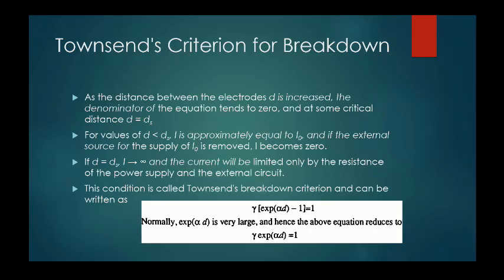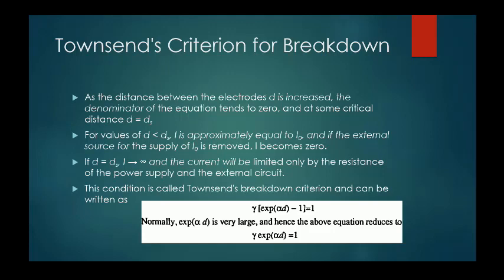Now we will come to Townsend's criteria for breakdown. In the previous equation, where we found the value of I, it gives the total average current in a gap before the occurrence of breakdown. As the distance between the electrodes d is increased, the denominator of the equation tends to 0.